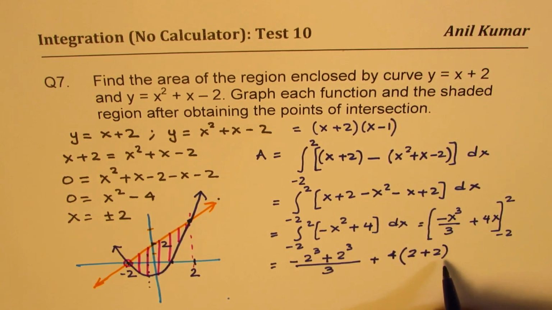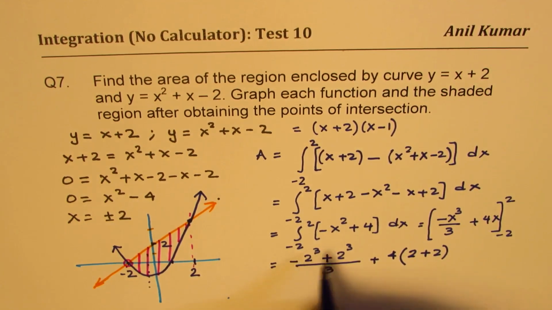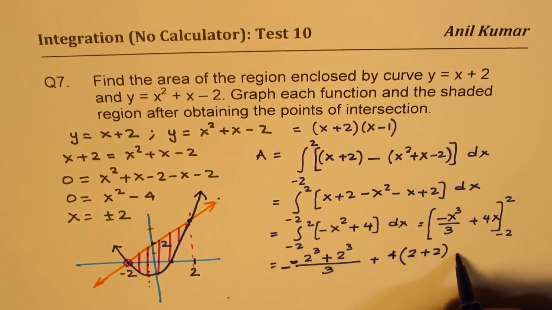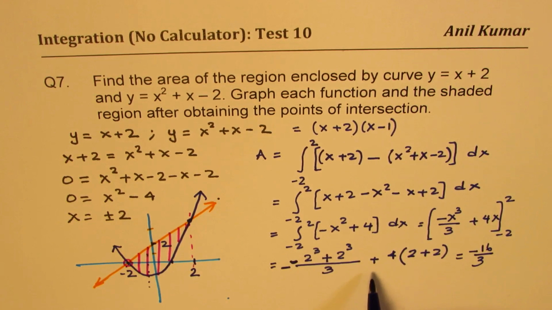So this minus we'll take outside actually. 2 cubed will give us a negative value. Which is equal to 8 and 8, 16. So we get minus 16 over 3. And that is 2 and 2, 4. 4 times 4 is 16, right?